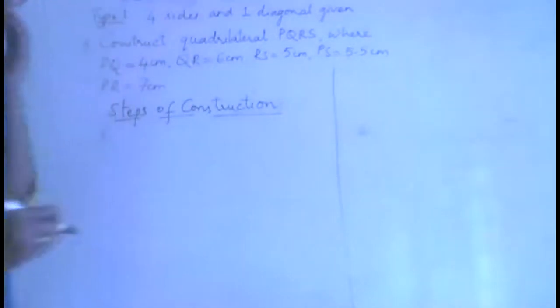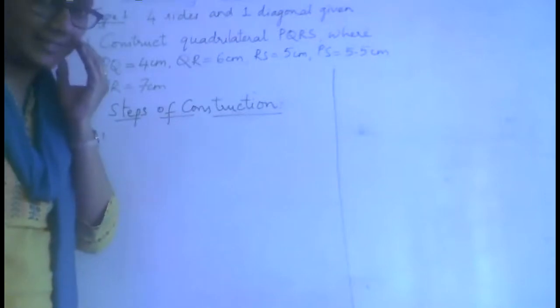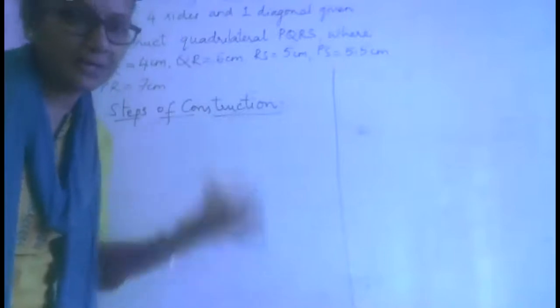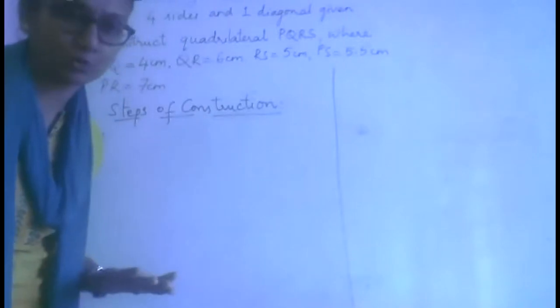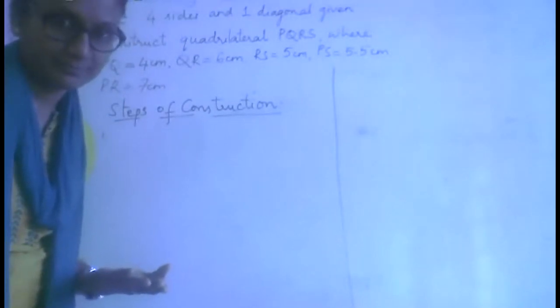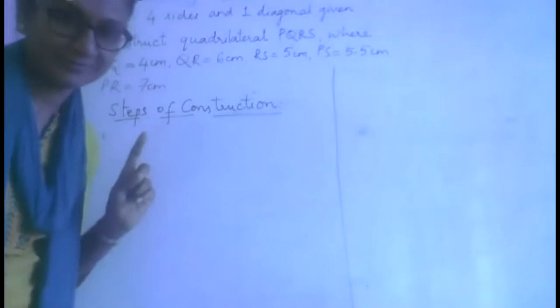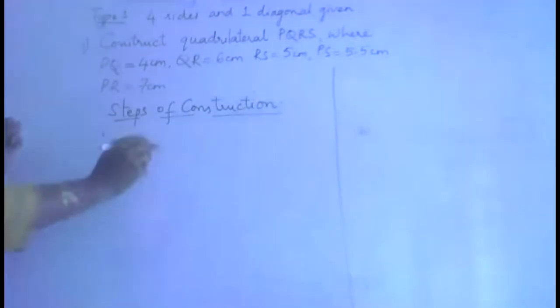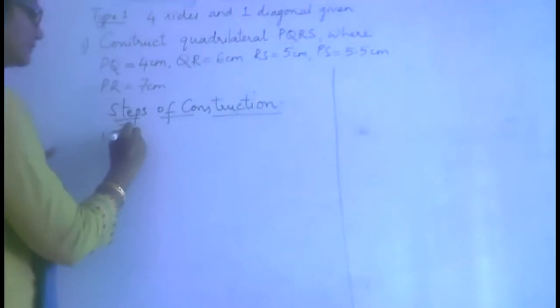Ma'am, draw a line segment. Draw a line of 7 centimeters. No, you are missing something more preliminary. We have done something before that also. Ma'am, mark a point P. No. Ma'am, draw a rough sketch of the quadrilateral PQRS.